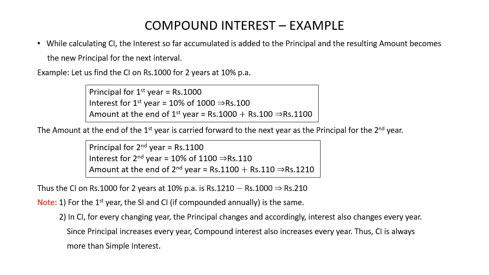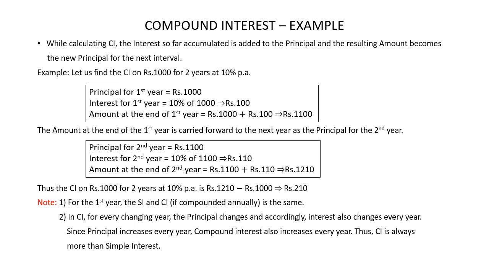Now the amount at the end of the second year is equal to the principal for the second year plus the interest for the second year, which is rupees 1100 plus rupees 110. So the amount at the end of the second year is rupees 1210.